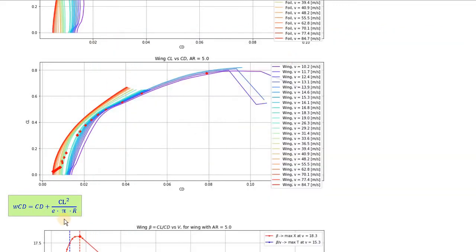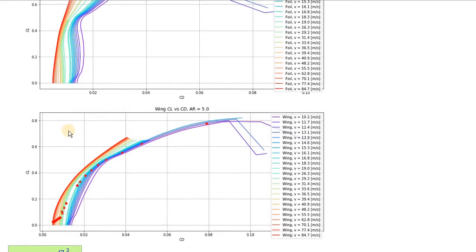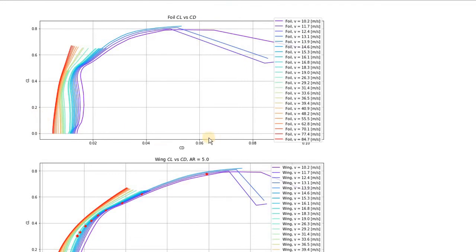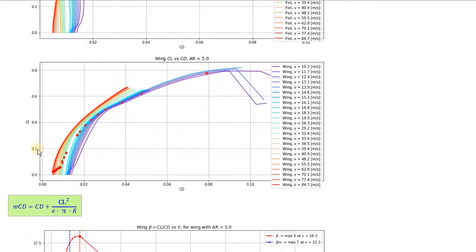So we use this simple equation, and we know the C-lift and C-drag coefficients were obtained by Xfoil or some other software. So you just plug the lift coefficient here, and you get a bit different drag. And on the x-axis you're going to have a bit different scale as a result.